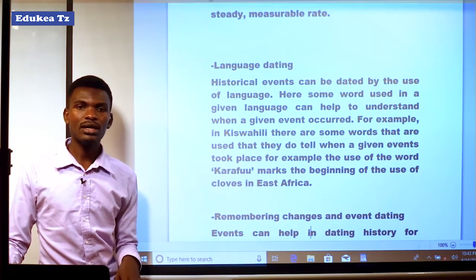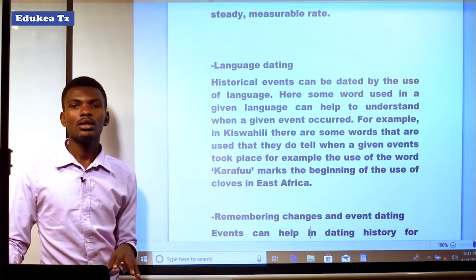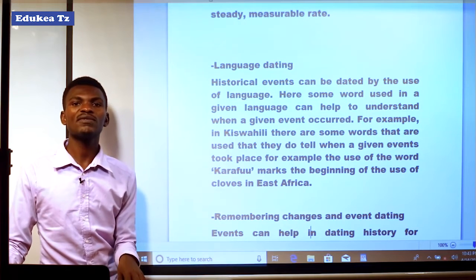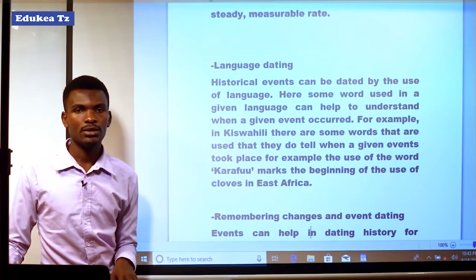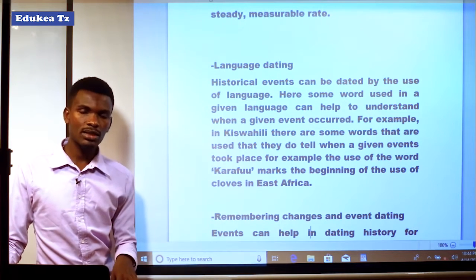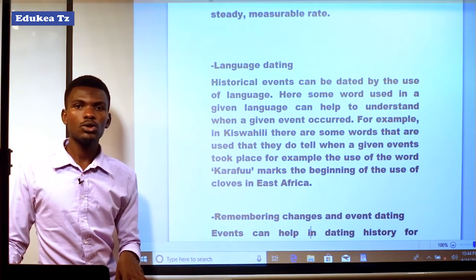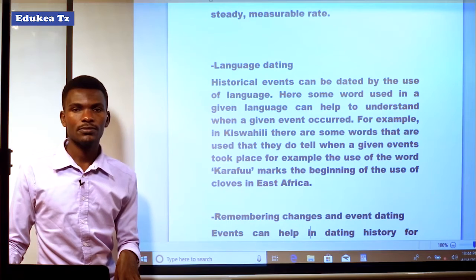It means that in the early civilization in the Middle East, the dog was the first animal domesticated by man. So once you hear the word dog, you can probably place the time when it occurred in early civilization.